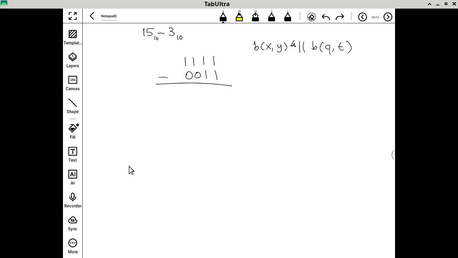In base 2, can any digit be greater than 1? The answer is no. So b of xy is a 1 if and only if x is less than 1, and x is already as large as it possibly can be, so there's no chance b of xy can be a 1.